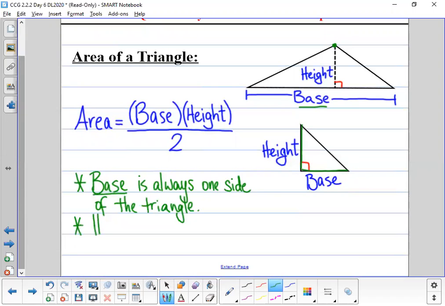So let's talk about the height. The height will always be perpendicular to the base. And remember, perpendicular just means that it hits at a 90-degree angle.